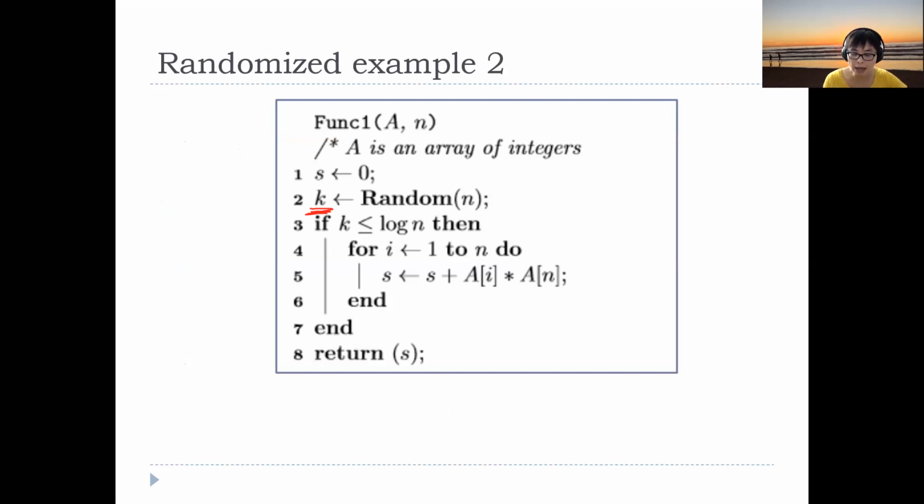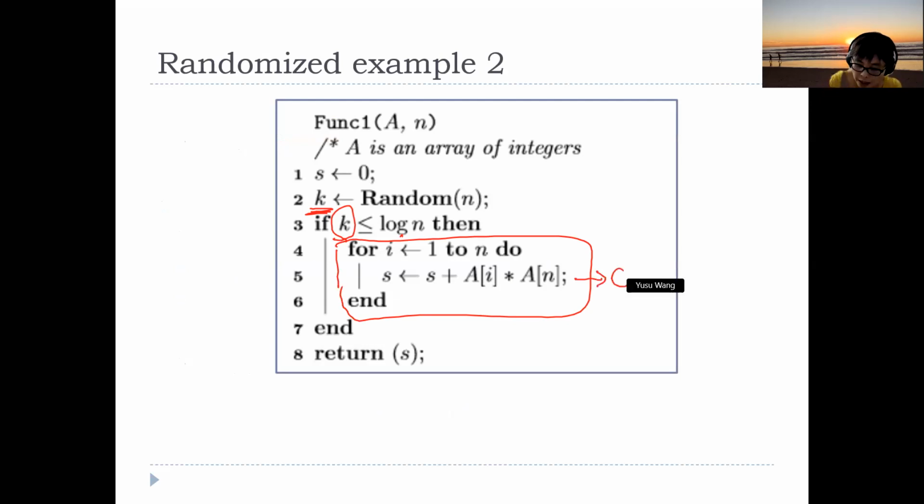Then, if this value of k is smaller than log n, we compute this. This part, the running time clearly is cn. But we'll only run this little code when the value of k is smaller than log n. Otherwise, if k is bigger than log n, we do nothing.